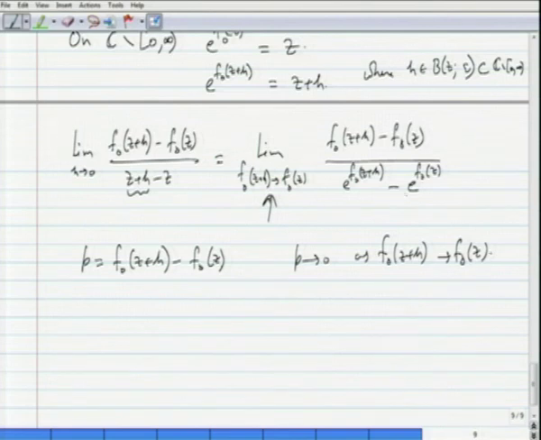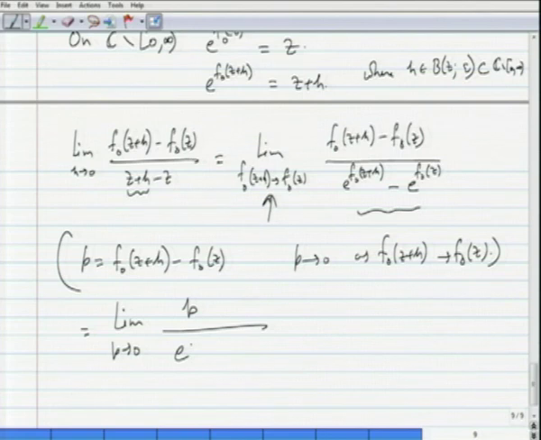So this limit can be written as the limit as p goes to 0 of the numerator p divided by e to the power f_0 of z, which I can take outside, and then e raised to p minus 1. So e to the power p times e to the power f_0 of z gives e to the power p plus f_0 of z, which is f_0 of z plus h, minus 1.